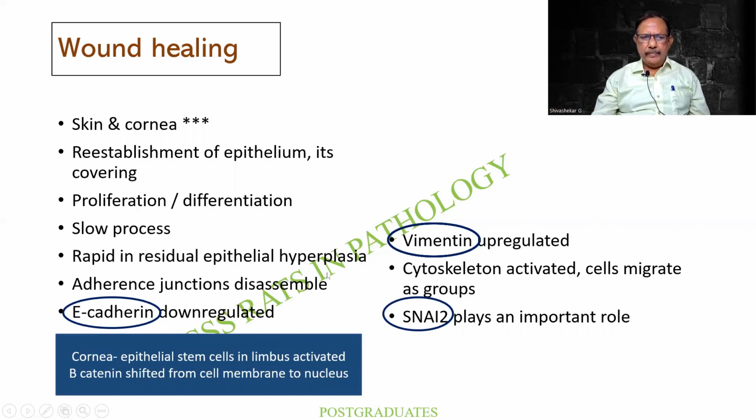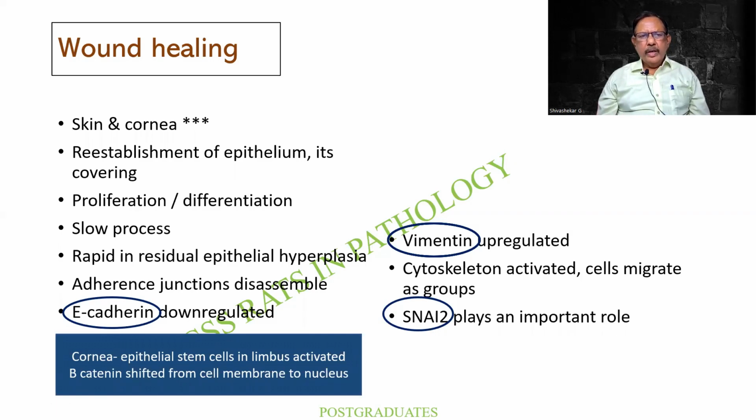The E-cadherin is down-regulated, that is, its function is lost. Vimentin is upregulated. In the sense, it becomes more active and promotes. The cytoskeleton becomes activated and the cells migrate in groups. SNAIL1 and 2 play important roles in this.